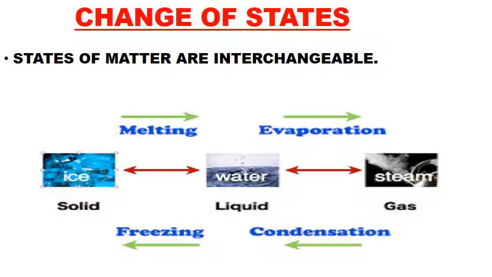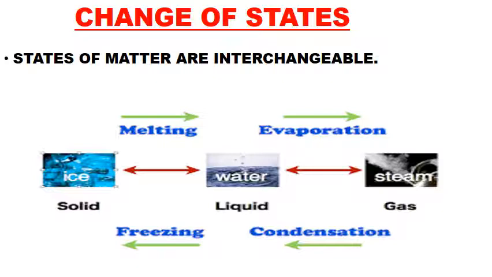Now, during this interchange from one state to another, it includes several processes. For example, when ice, which is a solid state, is heated, its molecules loosen up. It melts and changes into liquid.